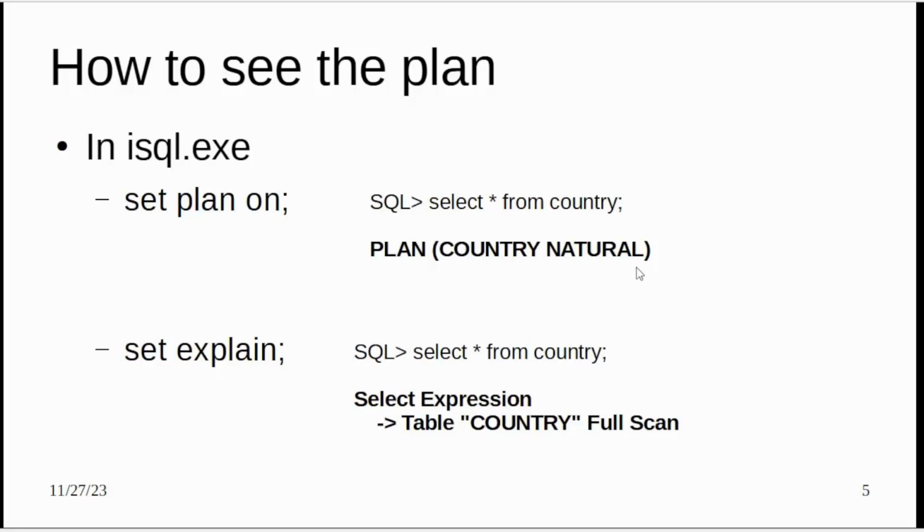There are two forms of the plan: the legacy or simple one, which you can see here, and the explained plan, more advanced, which is available since version 3 of Firebird. The plan shows how Firebird will execute and build the result for the query.